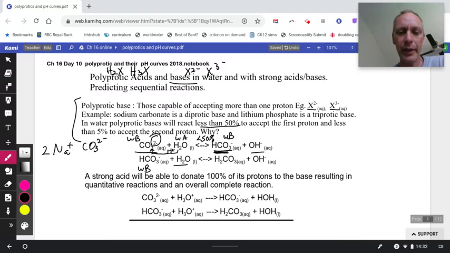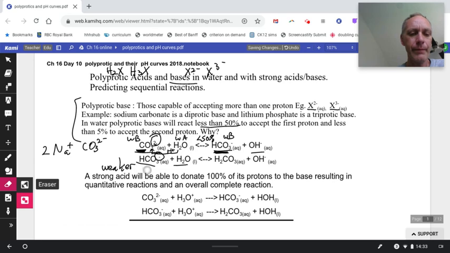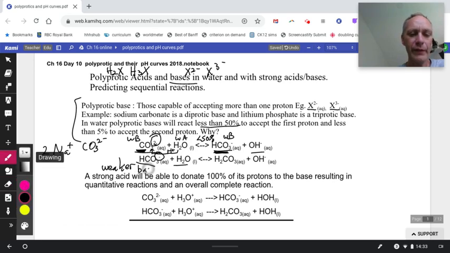Here's the part you have to remember. If this is a weak base with a 2 minus, this is an even weaker base with a 1 minus. So I could write here weaker base. So if it's an even weaker base reacting in water and the first one only accepts less than 50%, as a rule, the second base only accepts less than 5% of the protons from water.